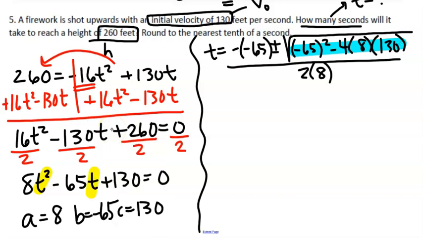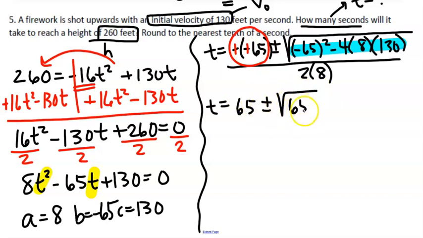I'm going to skip that for this video just to keep it shorter, and I'm just going to tell you what that answer is. So in the front right here, we have a negative makes a positive. So I have positive 65 plus or minus the square root of 65 all over 2 times 8, which is 16.